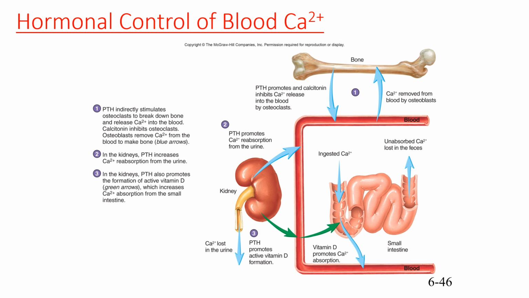The most common homeostatic imbalance regarding blood calcium is low blood calcium. So PTH is the main hormone of calcium homeostasis. When blood calcium falls below normal homeostatic levels, PTH is secreted. PTH stimulates osteoclast activity.